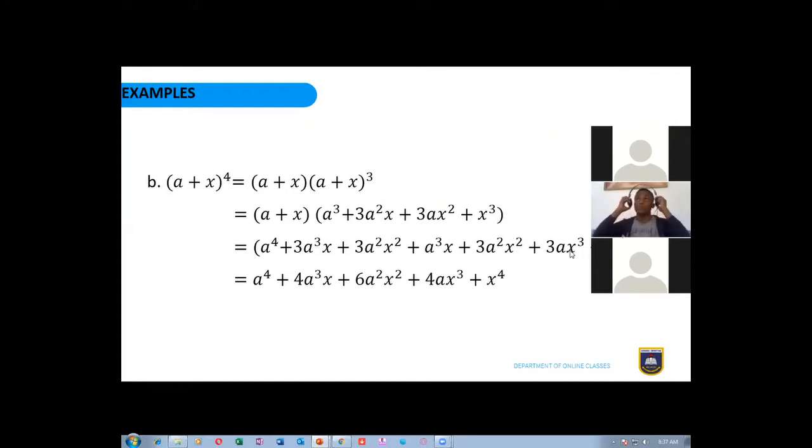Where we have the 3ax cubed, after 3ax cubed, a should multiply x cubed. a should multiply the last term of the second bracket. That's what it's trying to say.